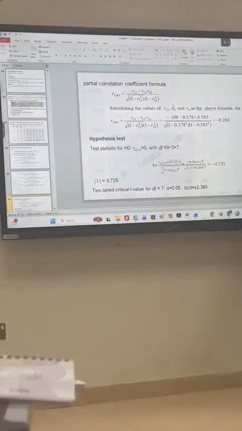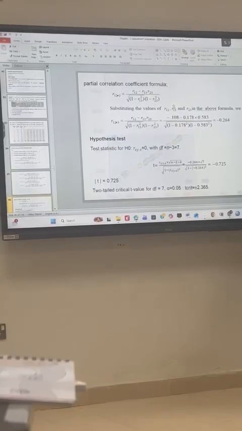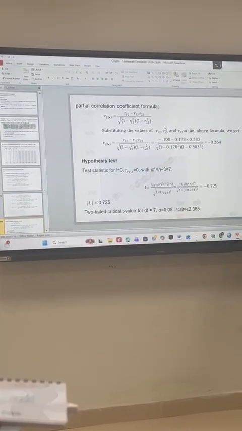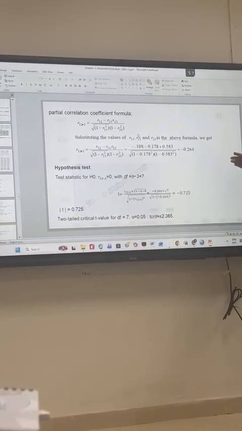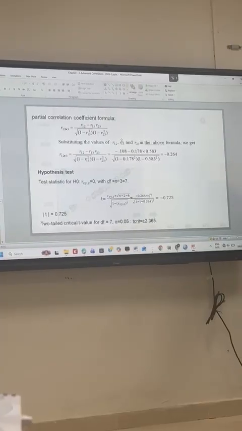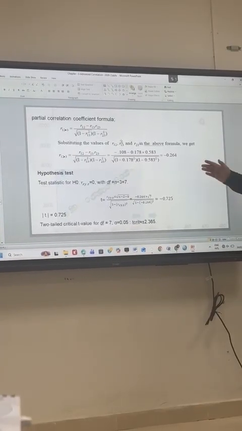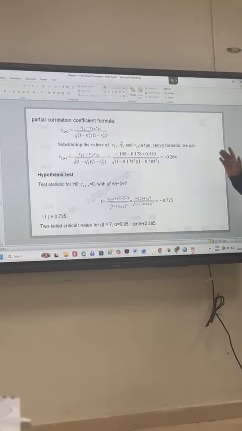So now I ask you what is the correlation coefficient, what type of correlation: moderate, weak, high. How many degrees of freedom should be used for this test?